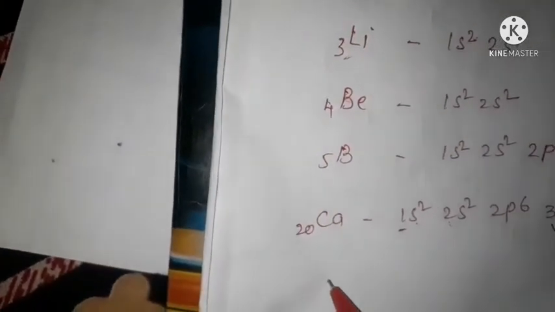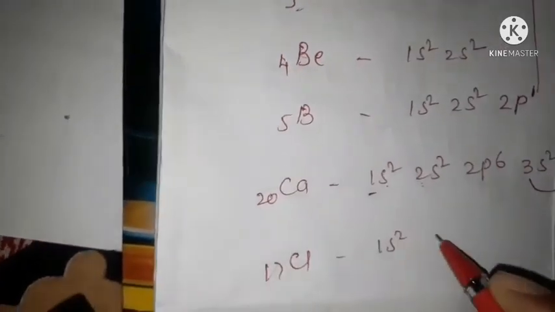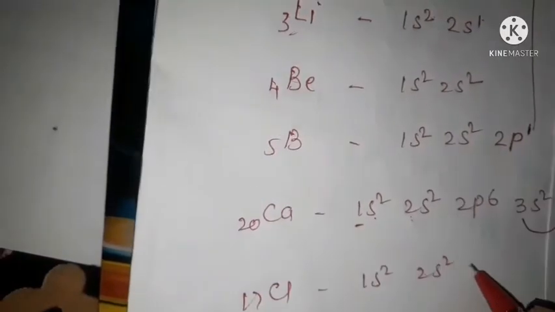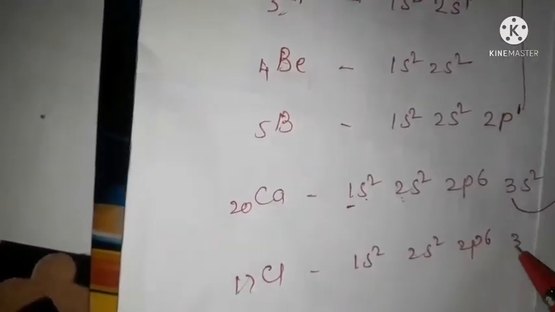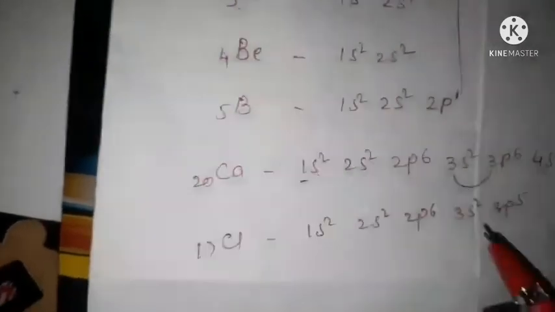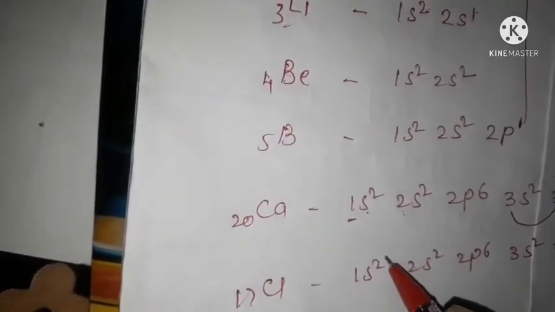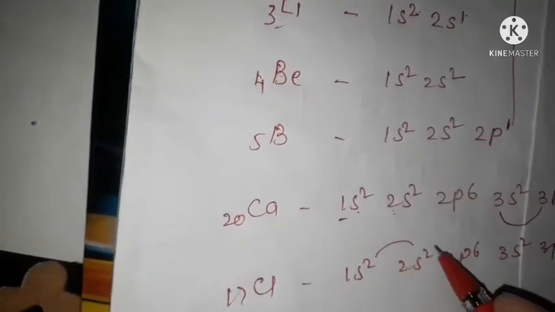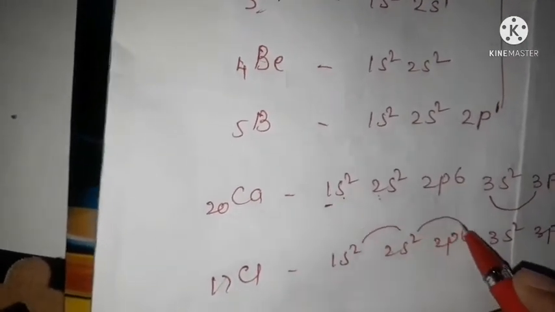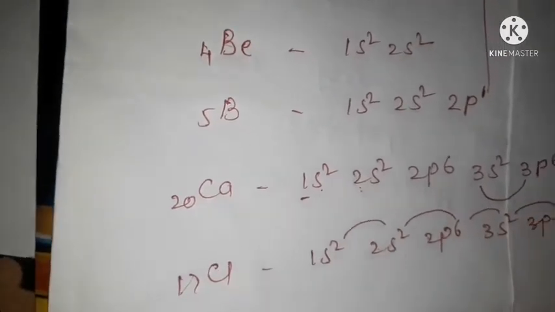If we take chlorine, 17: 1s2, 2s2, 2p6, 3s2, 3p5. Now we calculate: 2 plus 2 is 4, plus 6 is 10, plus 2 is 12, plus 5 is 17.